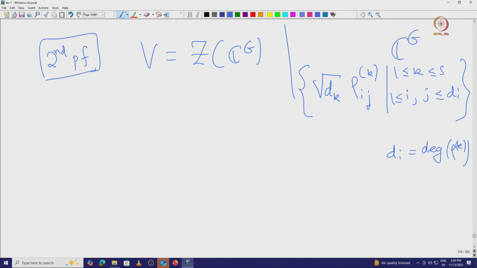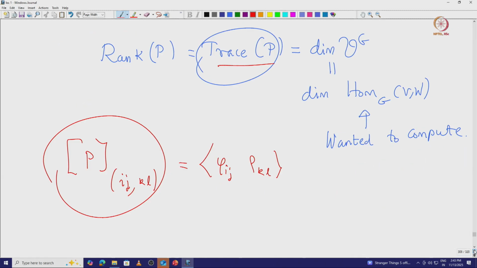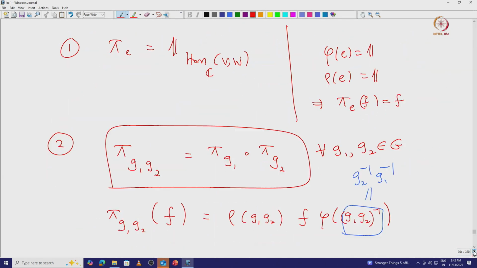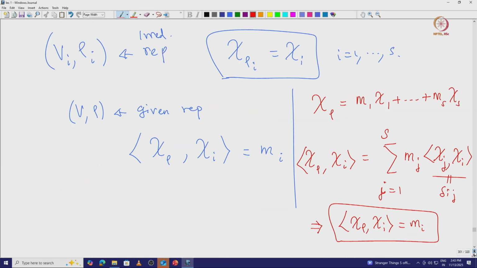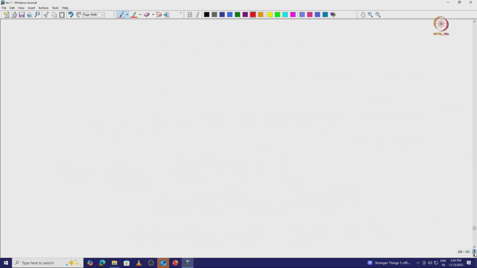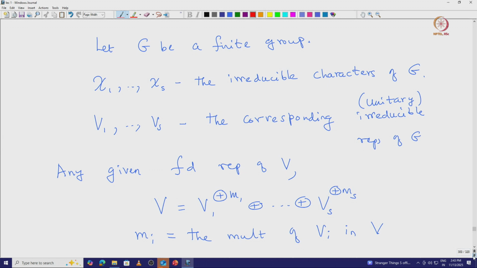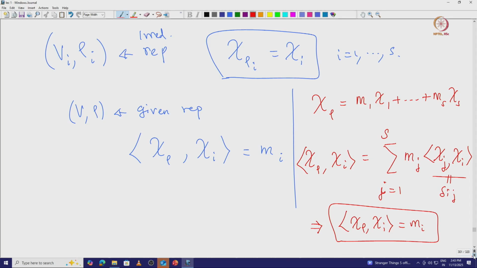I am using rho power k instead of rho k, because I need to index i j, but it is understood what I am using. Let me go back to my notations. You can see that we denoted the representations by rho i, and we also use rho i same as rho power i.